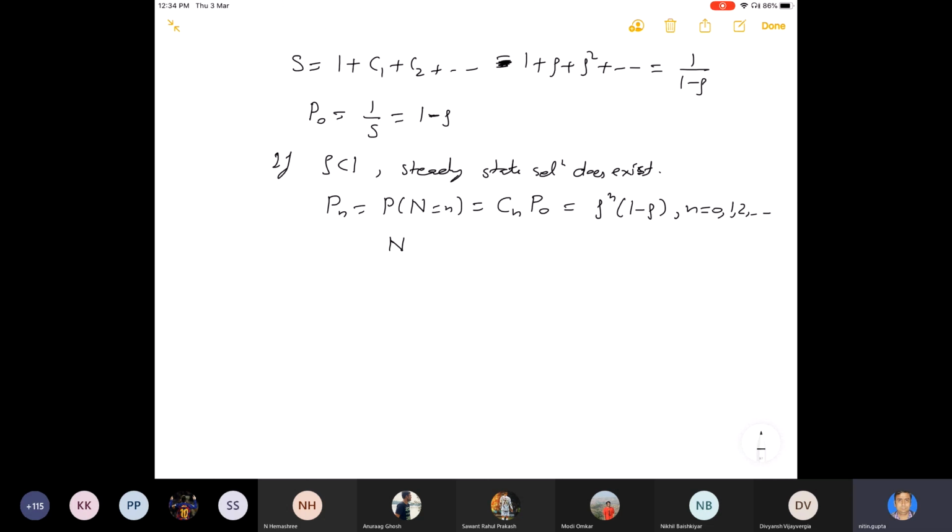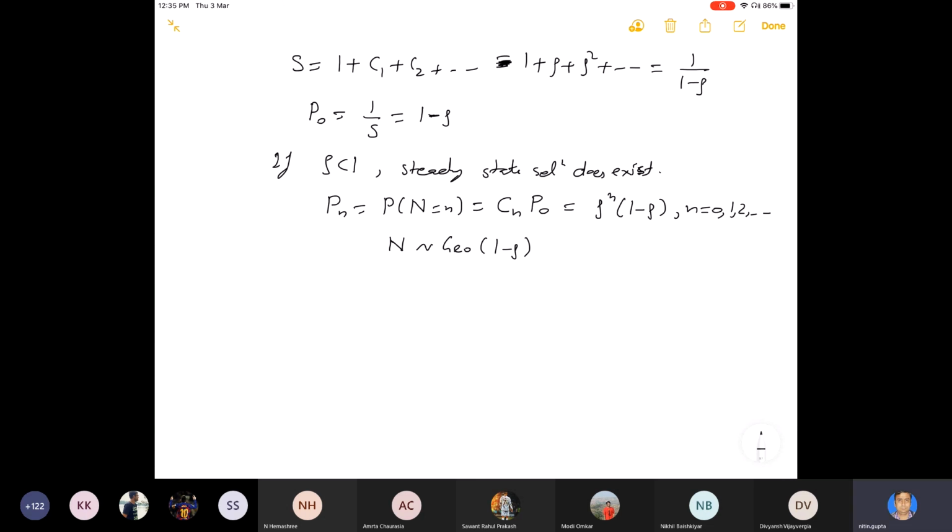Rho raised to power n, 1 minus rho, n is 0, 1, 2, 3 and so on. Which distribution is this? It is of the form Q raised to power n P. Geometric, yes. So this is a geometric distribution with probability of success as 1 minus rho.